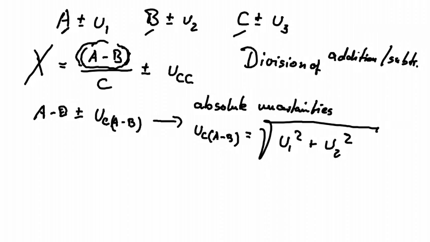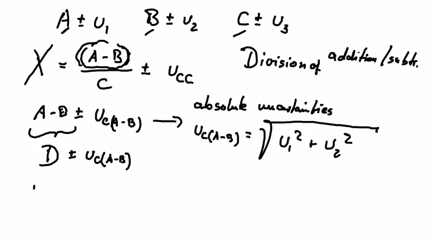So that's this one. And now how are we going to deal with the division? Well, we just simply say we've got something here, and let's call that a new variable. Let's call this the difference, D. So we have D plus minus this UC A minus B. And what we now can do is we do the division.